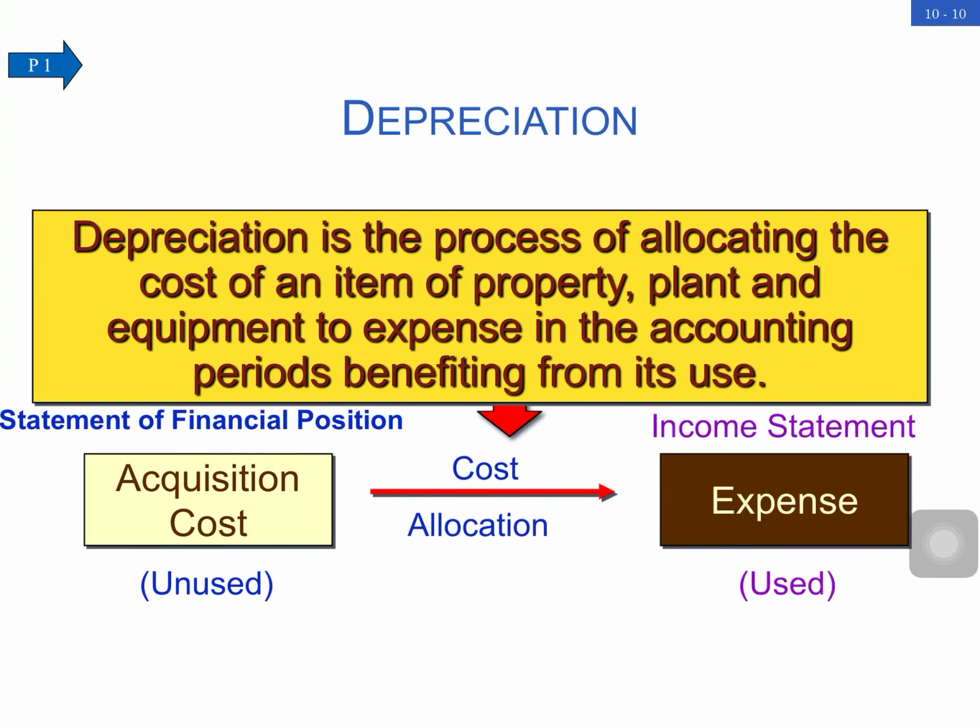This is depreciation. Depreciation is the process of allocating the cost of an item of PPE to expense in the accounting periods benefiting from its use. So depreciation is the process of allocating the part of the asset that you already used during the accounting periods. When you buy the asset, you will record it in the statement of financial position.